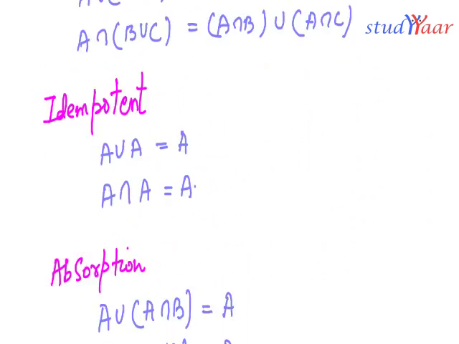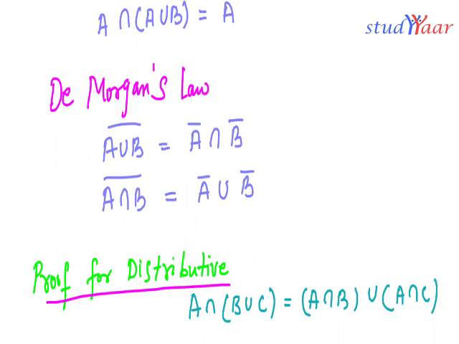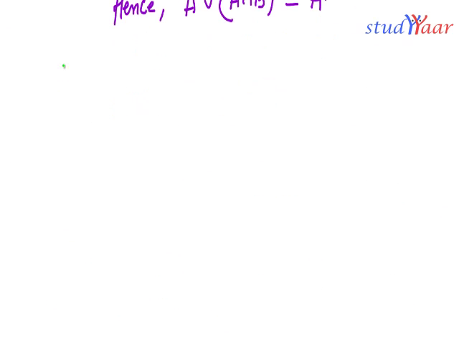What we are going to take is De Morgan's law itself. Let us have the proof of De Morgan's law using a Venn diagram.